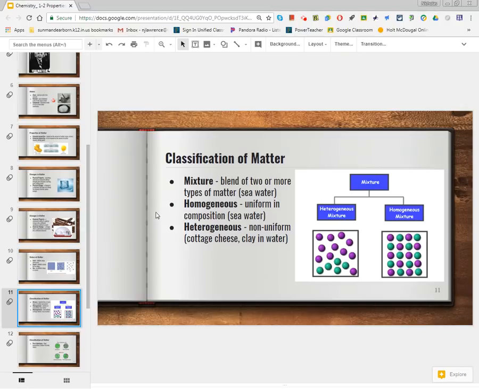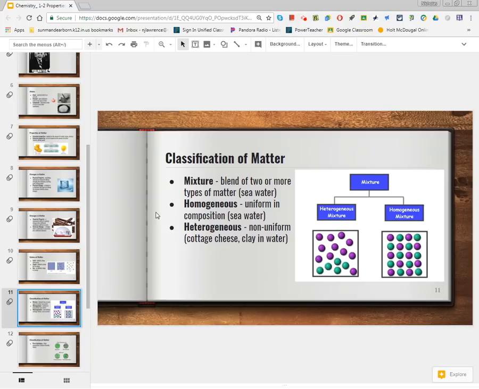So as we're moving on and we begin to think about matter, we can start to classify matter into certain types. We already know that it could be understood as atoms or compounds, and it can be classified as elements depending on what kind of atom it is. But now let's start talking about compounds. How can I classify compounds that are grouped together?